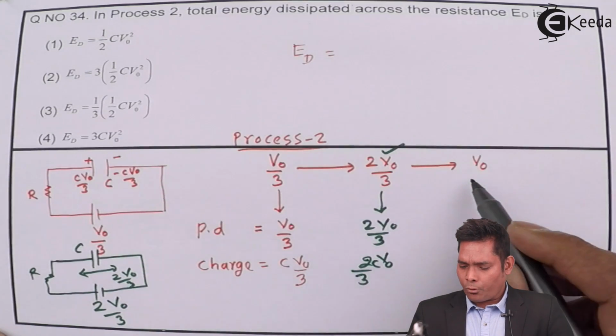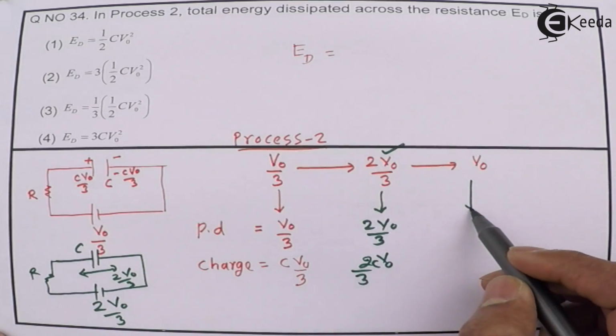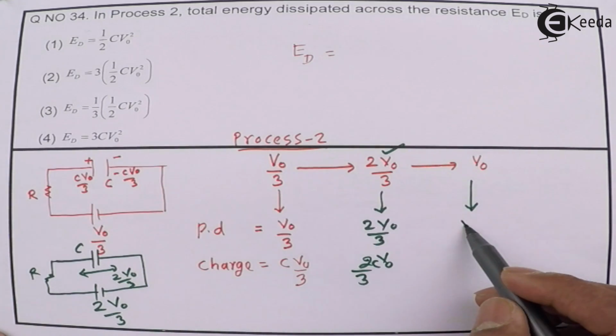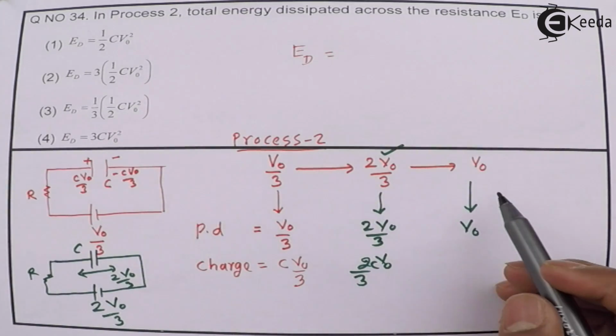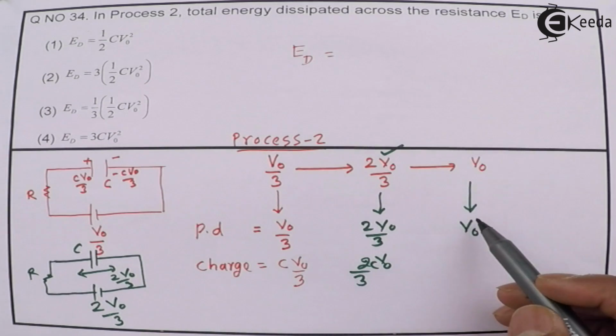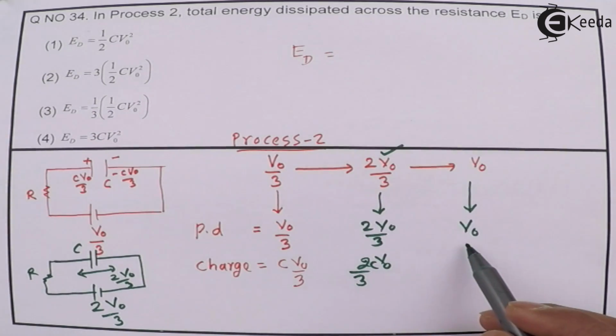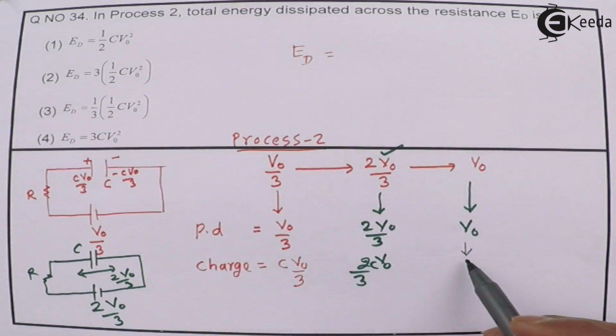Similarly for the last step, if I give a V naught, the final potential difference will be V naught, and the charge will be CV naught.